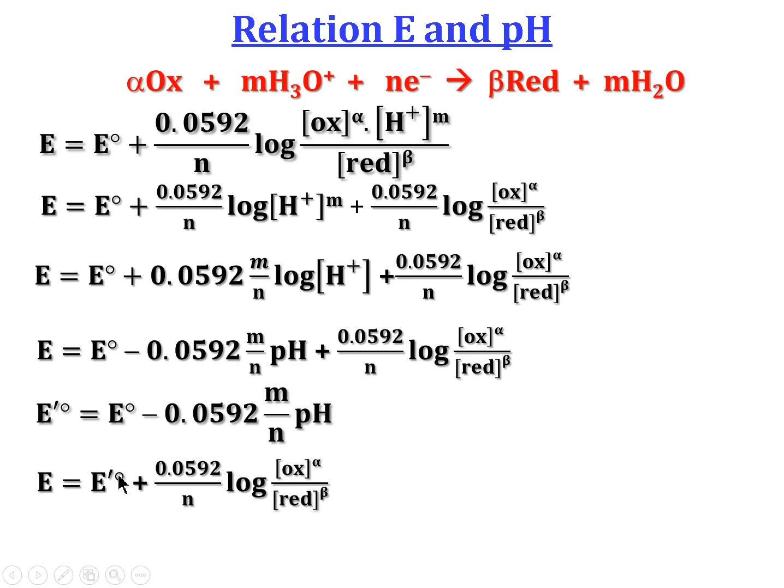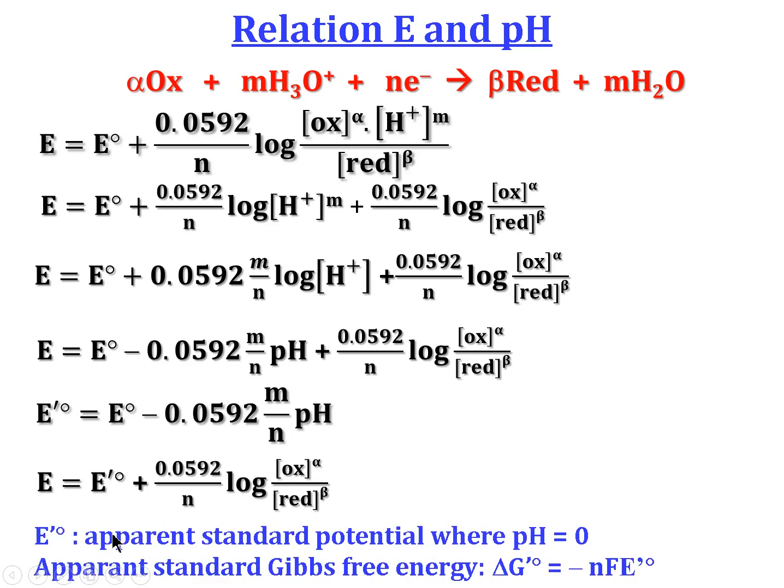E prime 0 shows the dependence of E on the pH, and E prime 0 is called the apparent standard potential. Where the pH equals 0, E prime 0 is equal to E0. So this relation shows the effect of the concentration of H3O+ on the potential of a couple.